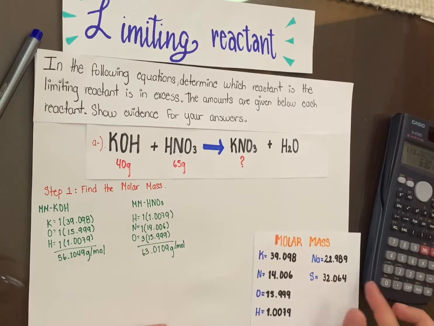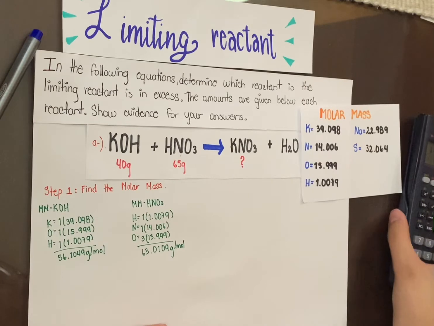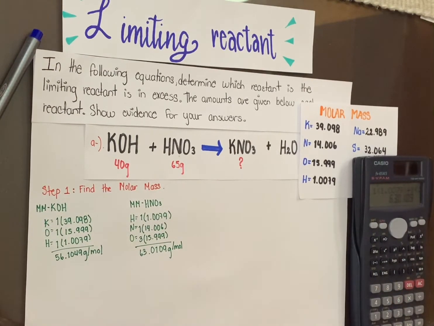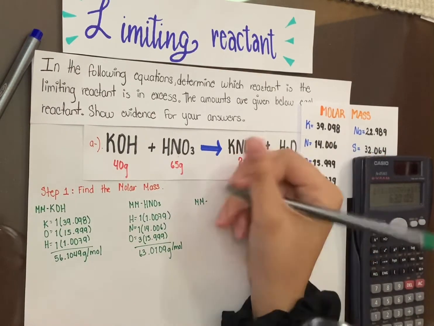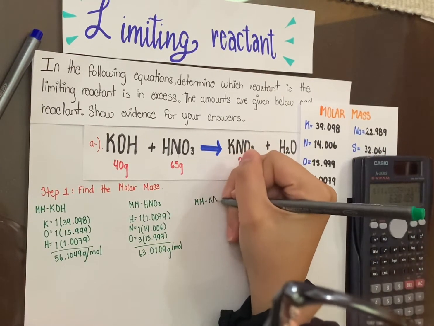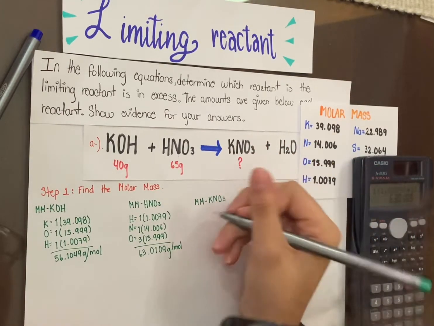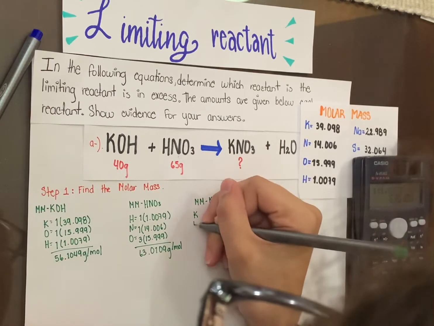The next one that I will find is this one. That is a molar mass of potassium, nitrogen, and oxygen. I have potassium, nitrogen.